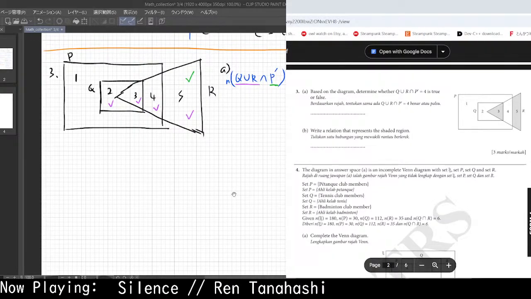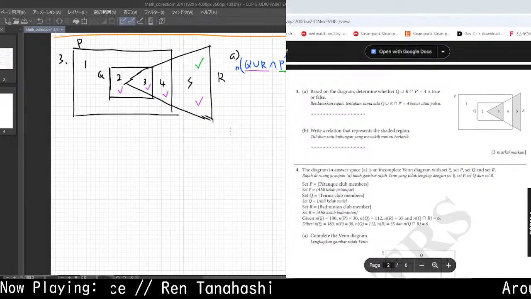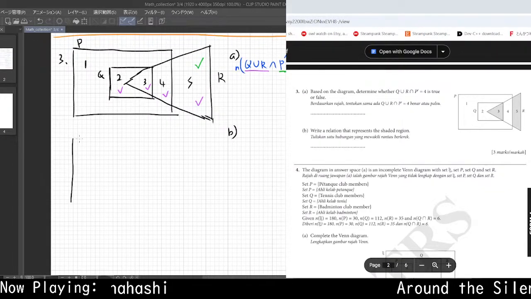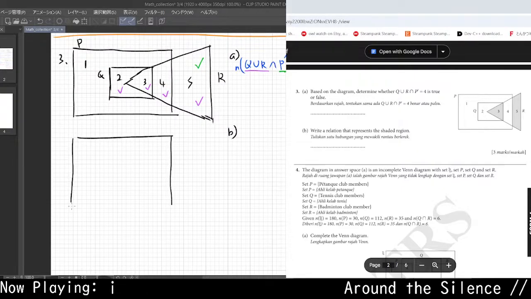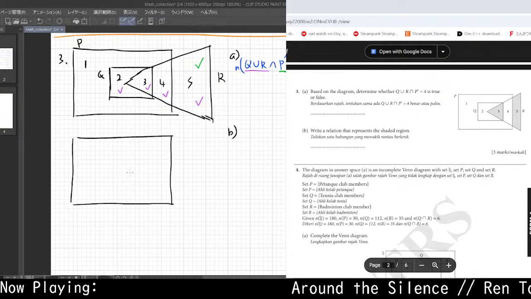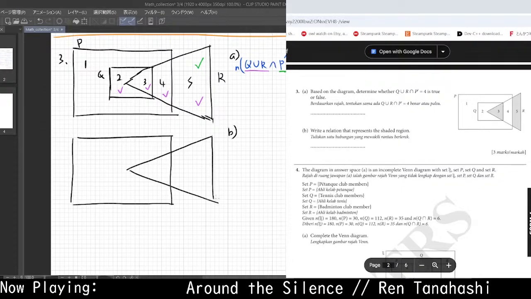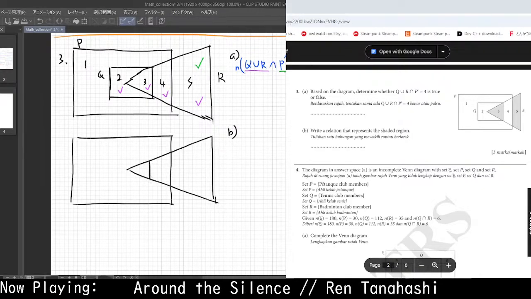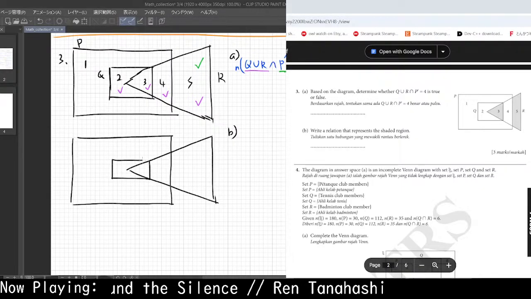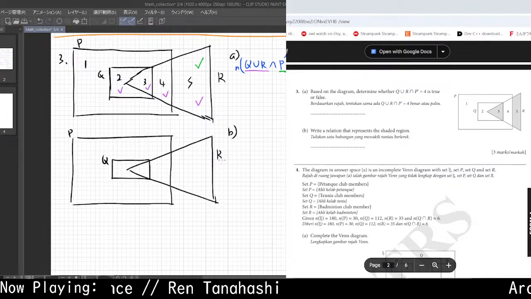Okay, so next you want to find a way to represent this particular shaded region. Let me just draw it out again so that I'm not destroying the existing copy. So this is P, this is Q, this is R again.